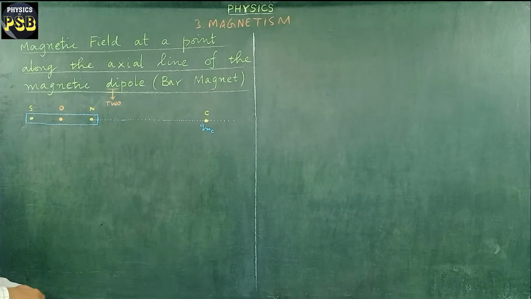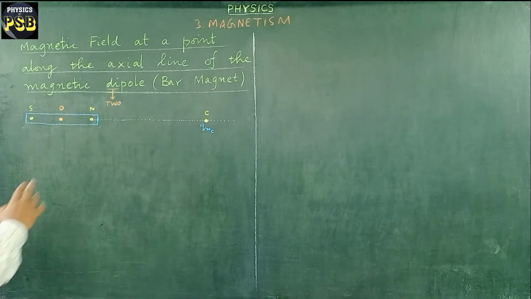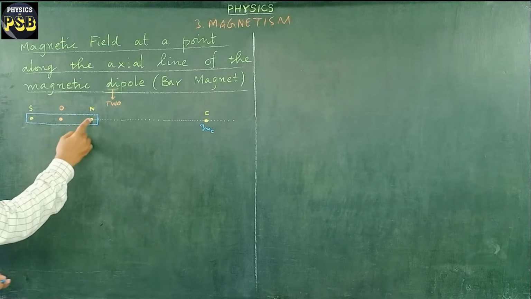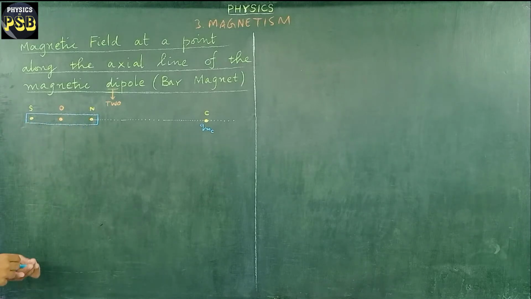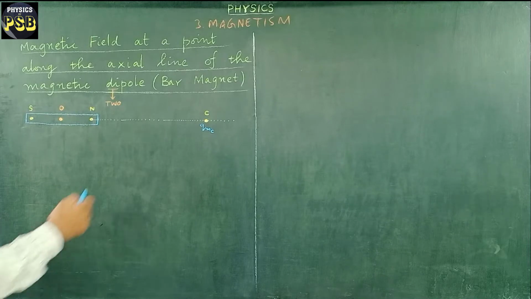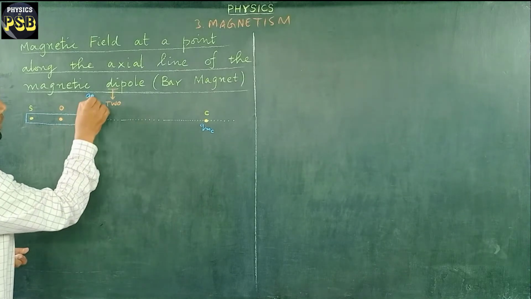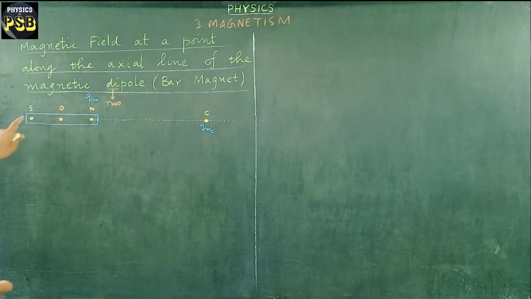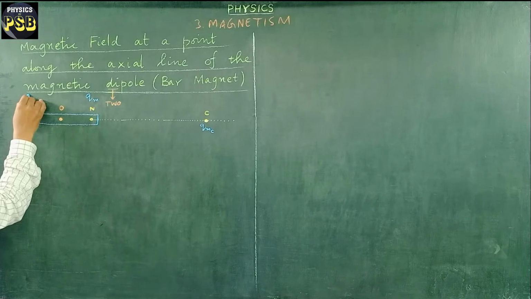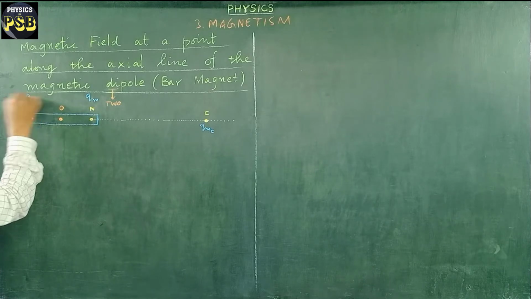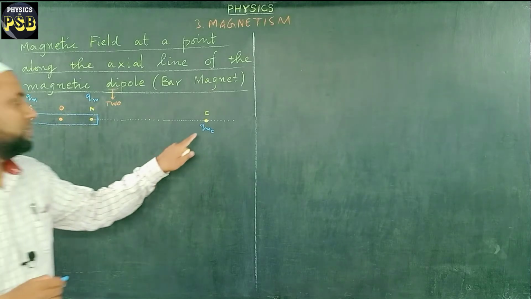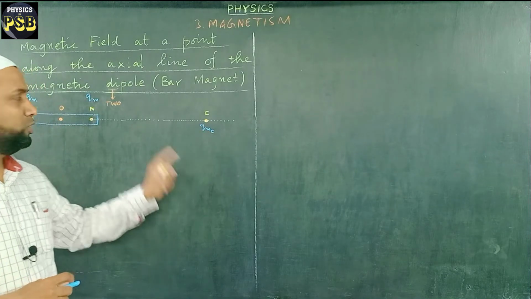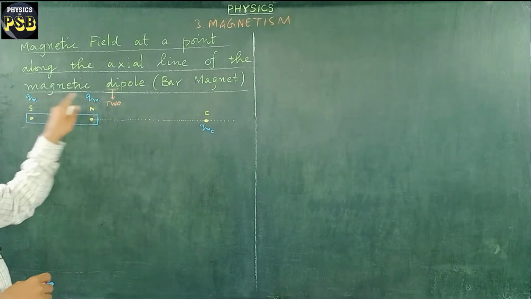Then in the magnet we have two poles. Each of them has pole strength equal to QM. QM is the pole strength of the north pole and the pole strength of the south pole is also taken as QM. Clear? And the pole strength of this unit north pole is taken as QMC to differentiate it from the remaining.